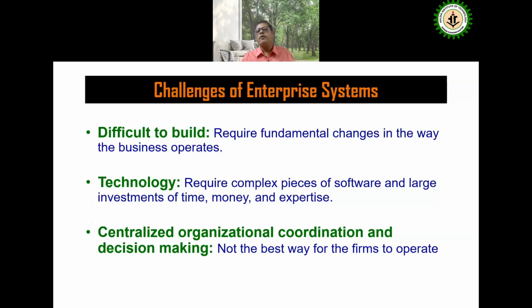So we can say that it is not the best way for the firms to operate, because for such large organizations it becomes quite difficult. That means each of the SBUs has to use separate ERP systems. Separate means they can use the ERP system configured according to the needs of their business. But if I say that this ERP will be used as a centralized system to control the functions of different SBUs, it can be possible, but it becomes a difficult task.